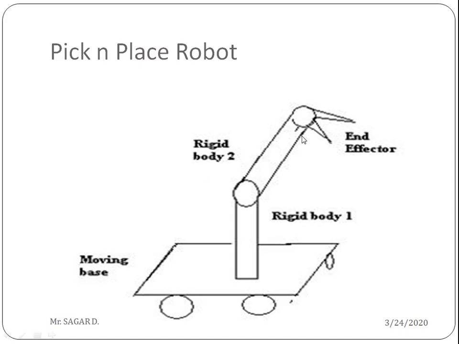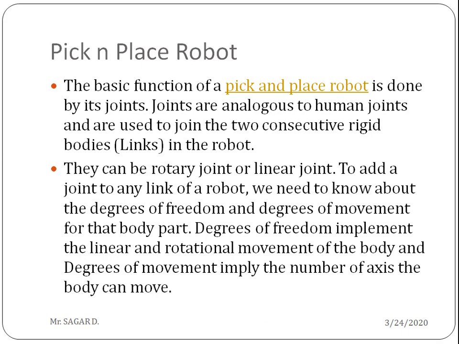This is the diagram for pick and place robo. The base of that robo has wheels for movement, so that it can move from one location to another and pick an object and place it at the desired location. The basic function of pick and place robo is done by its joints.